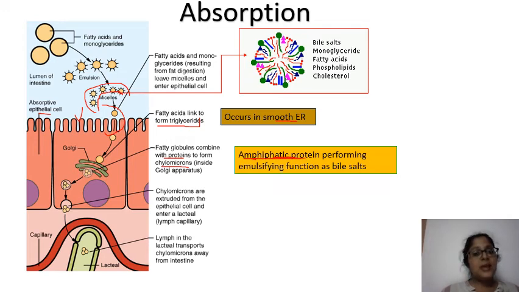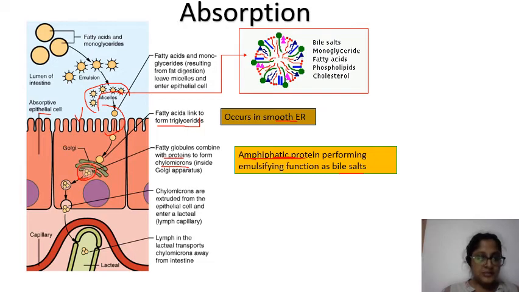Amphipathic protein means they have similar functions like bile salts, so they have emulsifying functions, and they mainly emulsify with the fatty globules and form another compound which is known as chylomicrons, which again is extruded from this epithelial cell.